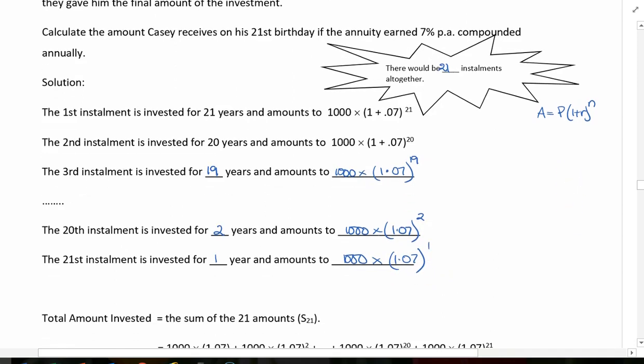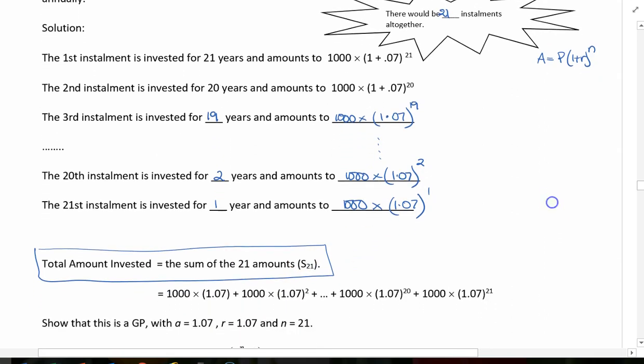Now, the total amount invested is obviously the sum of these 21 amounts. Now, what you see that I do in the next line is actually reverse the order of the installments.